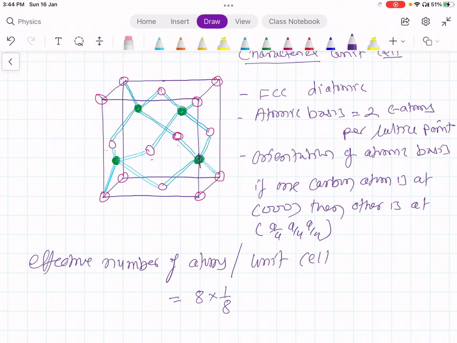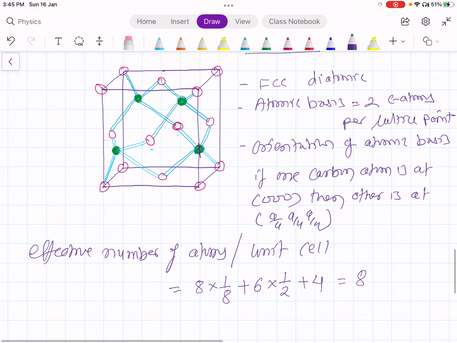So 8 into 1/8 is the contribution of corner atoms, plus there are 6 face center atoms. The contribution of each face center is half. Plus there are 4 atoms inside the unit cell. Those inside atoms are not shared with any other unit cell, and so the total is 8. The effective number of atoms is equal to 8.